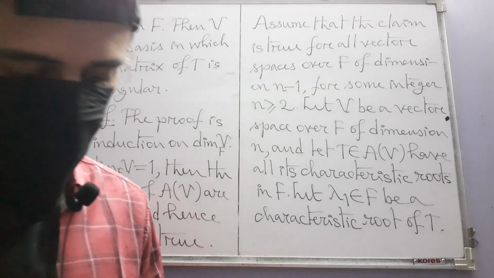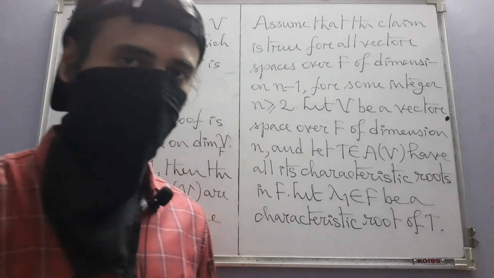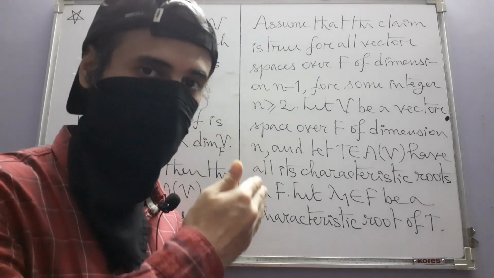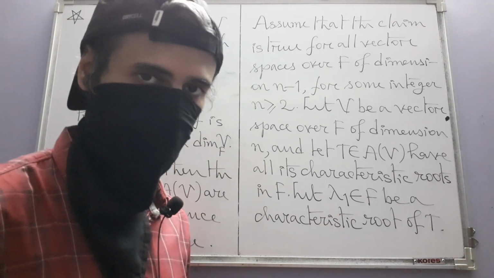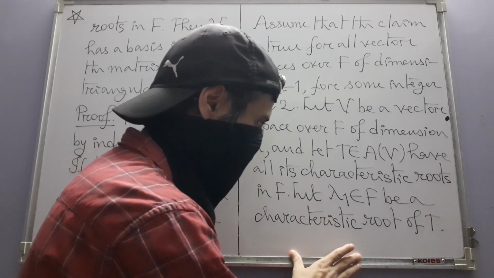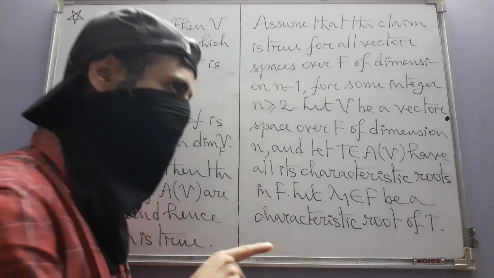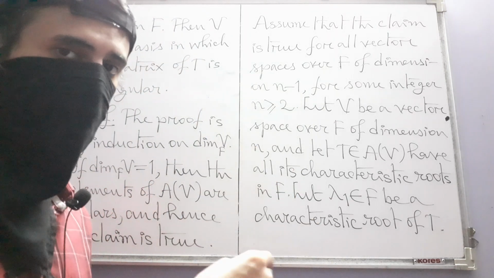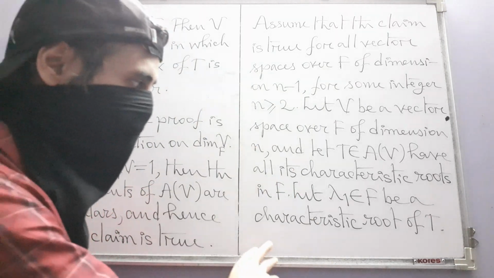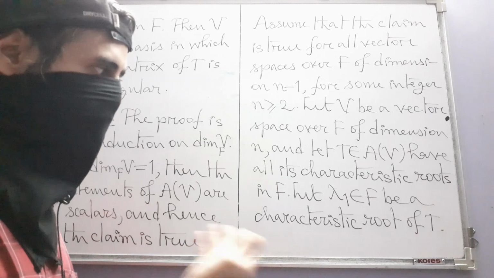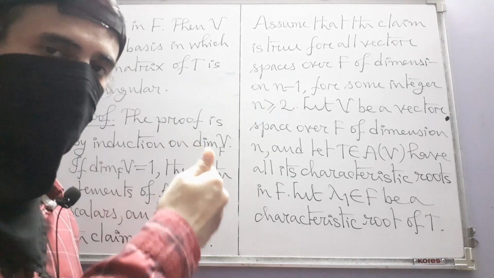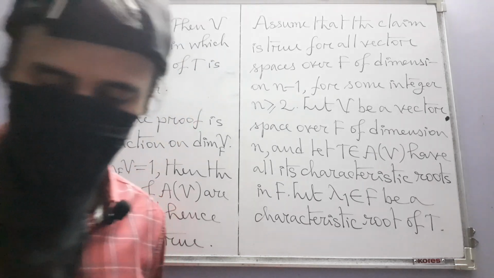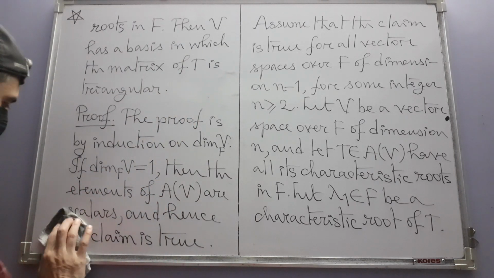Alright, so what does it mean? By definition it means that the operator lambda 1 minus T is singular, and a consequence of that is that there will be a non-zero vector V1 on which if we apply lambda 1 minus T, we will get 0, and that in turn leads to the equation that V1 T is equal to lambda 1 V1. So we are going to next write that equation.